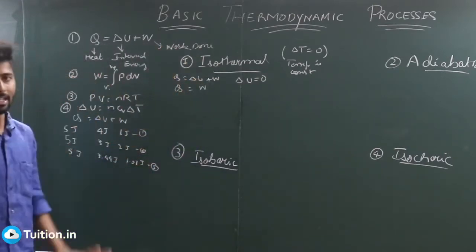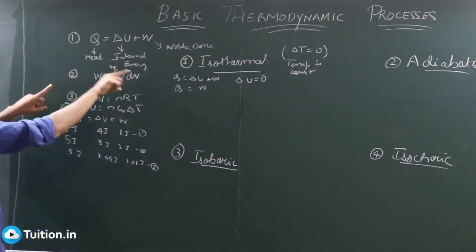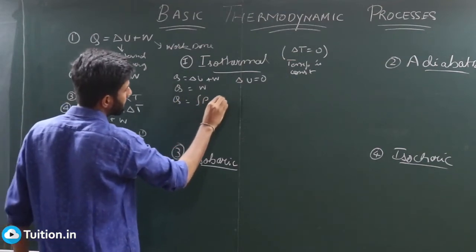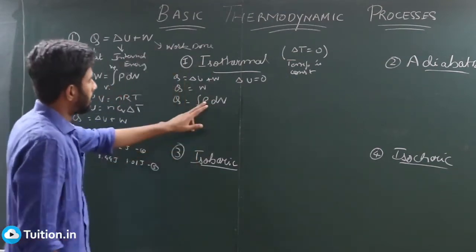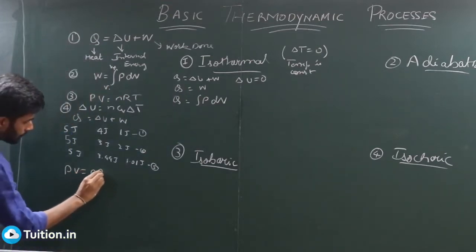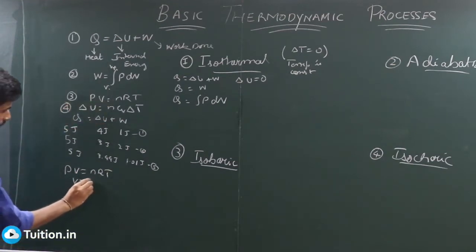This is the equation. Now W's formula we'll pick up from here, which is nothing but ∫PdV. So Q is also ∫PdV. But PV = nRT is something that we can use, so P = nRT/V.